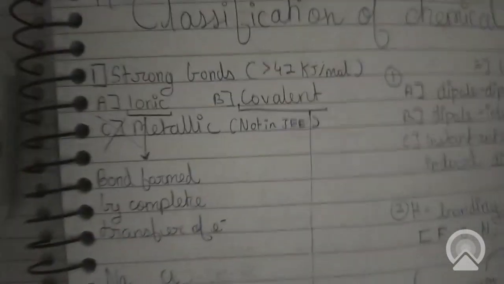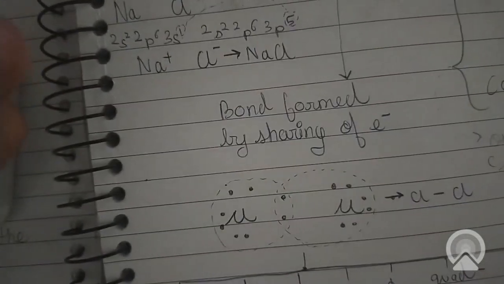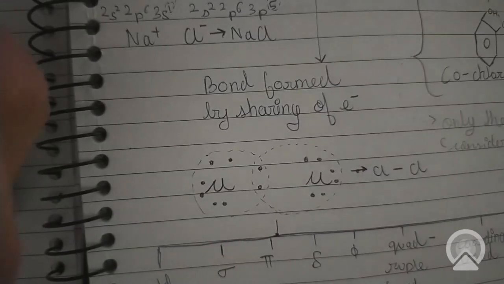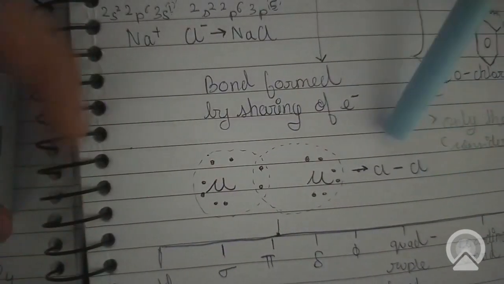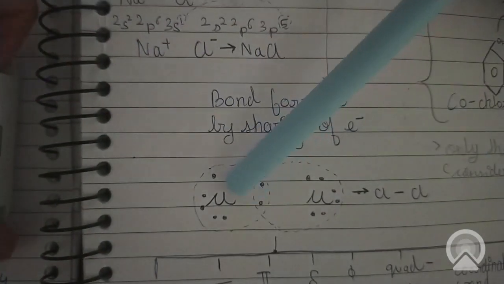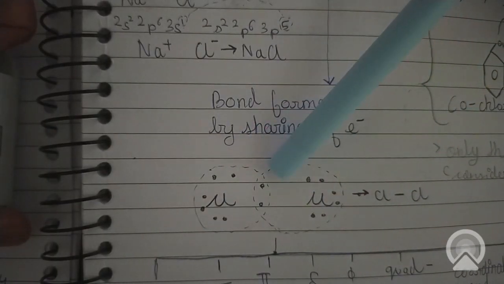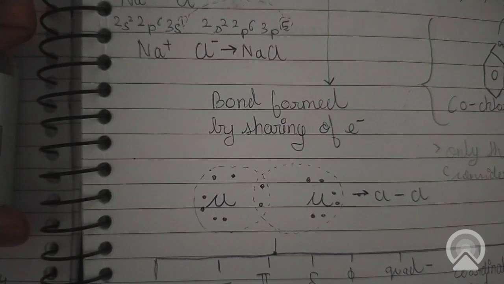Moving on to covalent bonds. These are the bonds formed by the sharing of electrons. This is what we see in the organic compounds, the carbon compounds. Okay, chlorine meets another chlorine. Both chlorines have 7 electrons in the outermost shell.